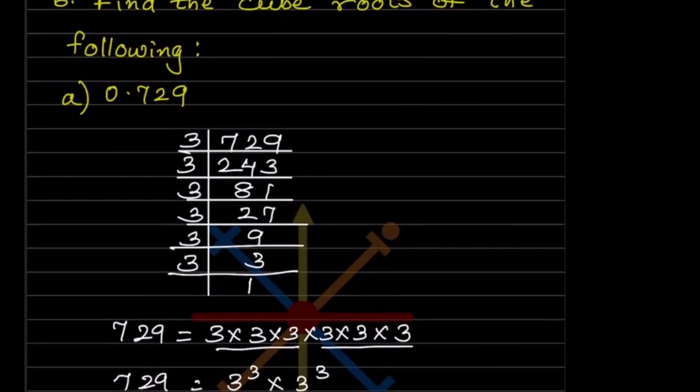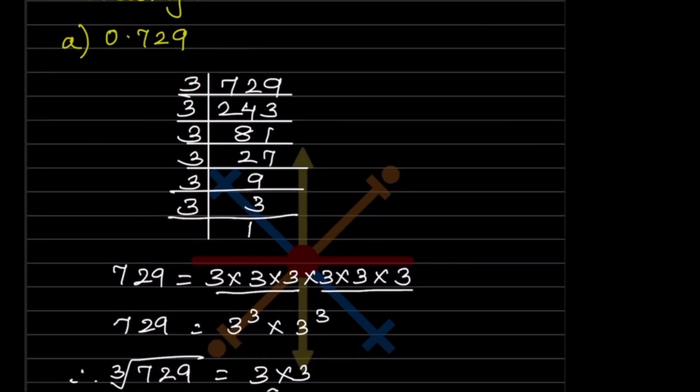Next they said find the cube roots of the following. 0.729, this is cube roots. So what are you going to do? First, you're just going to look at this number, not the decimal. So 729. You will take this one with the help of the prime factorization method. And I think by now you must be clear with how to do the prime factorization. Find out the prime factors. So now here, these are the prime factors. So for 729, we got 6 threes. So we are going to group it, 3 each.